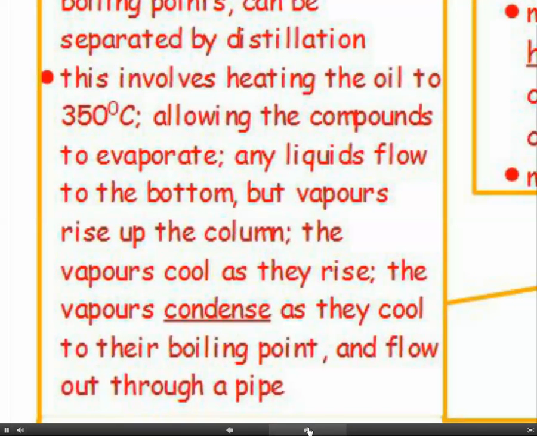This involves heating the oil to 350 degrees, allowing the compounds to evaporate. Any liquids flow to the bottom, but vapours rise up the fractionating column. The vapours cool as they rise, and the vapours condense as they cool to their boiling point and flow out through a pipe.